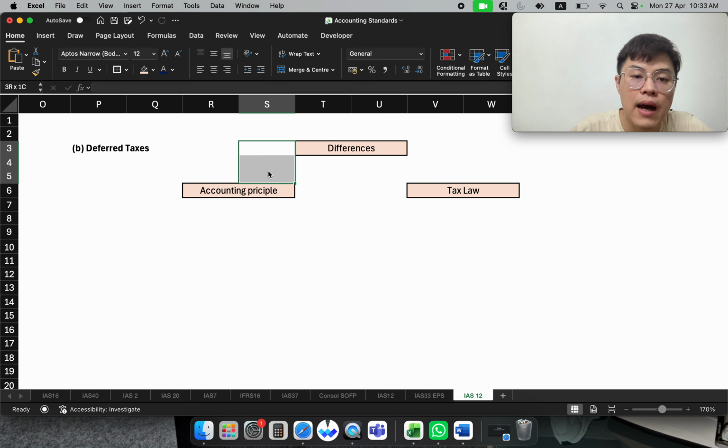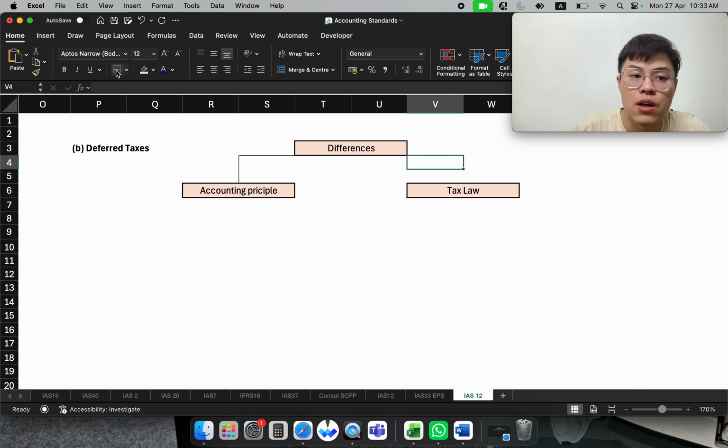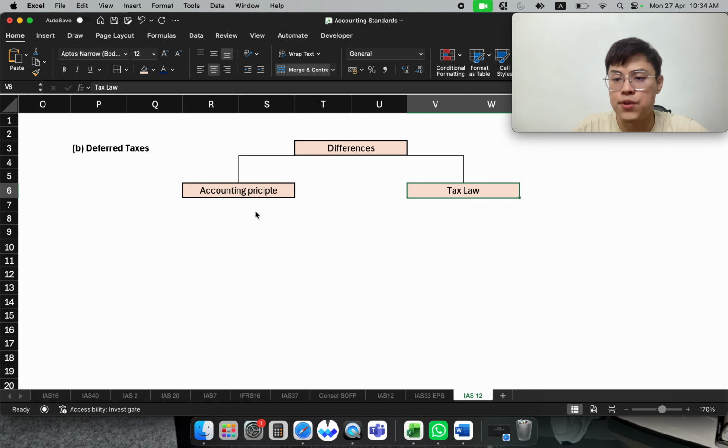Since you are dealing with different sets of rules, in accounting we follow IFRS, and in income tax we follow the Income Tax Act. So in this case, there will be a difference in treatment.